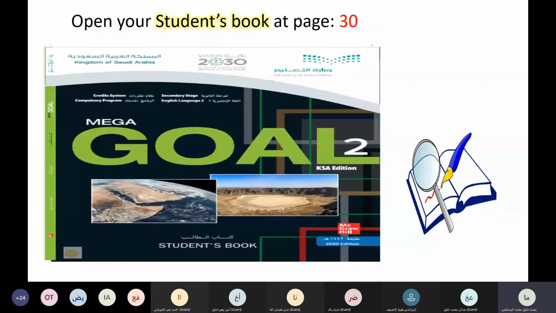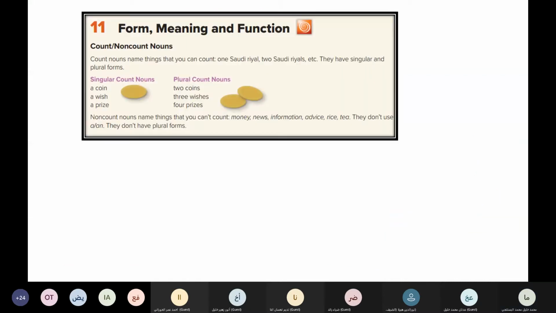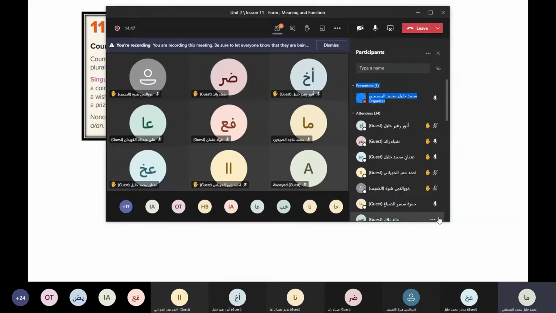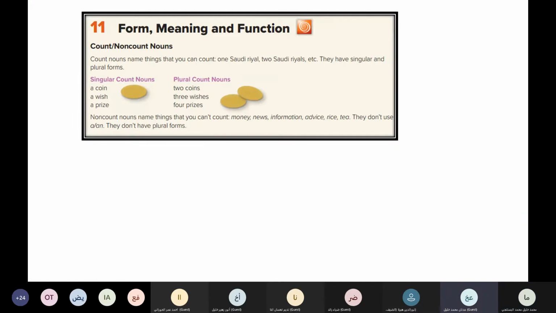Okay. Now, look at your student's book on page 30. Who can read the explanation? Yes, Adnan, read, please. Count and non-count nouns. Count nouns name things that you can count. 1 Saudi riyal, 2 Saudi riyals, etc. They have singular and plural forms.